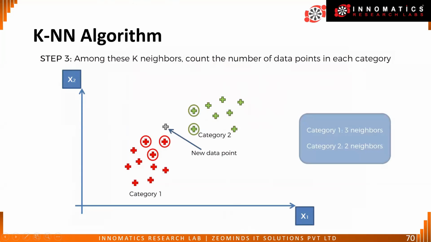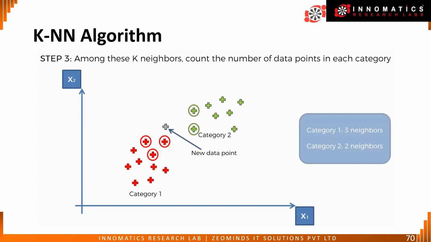Out of 5, 3 are red, and out of 5, 2 are green. So there is a 60% probability that it belongs to category 1, and a 40% probability that it belongs to category 2. That's how a simple k-nearest neighbor algorithm works.